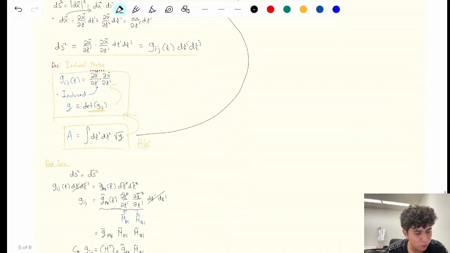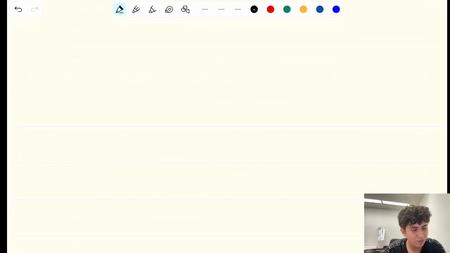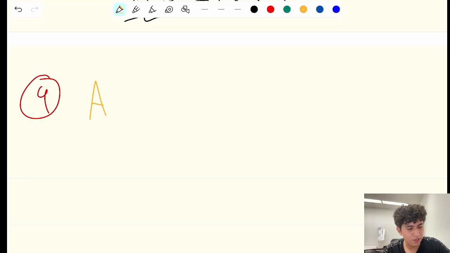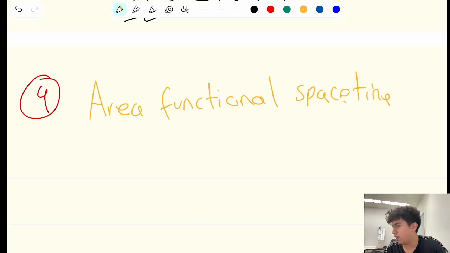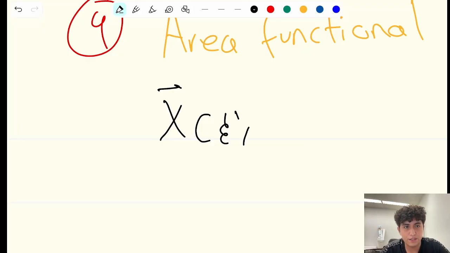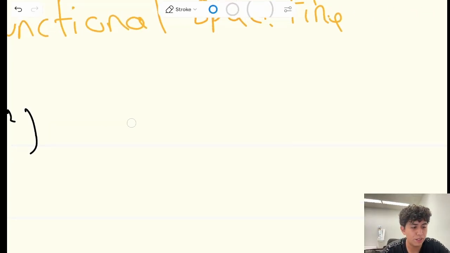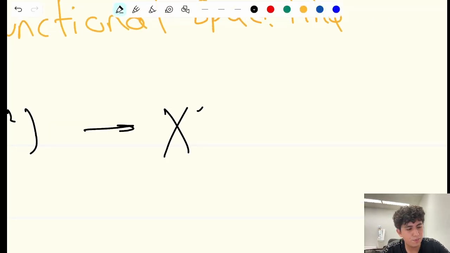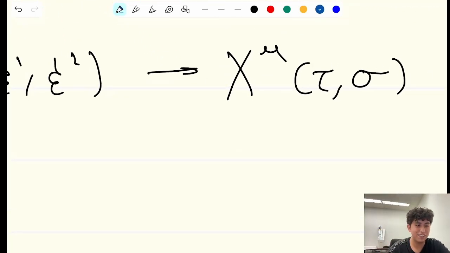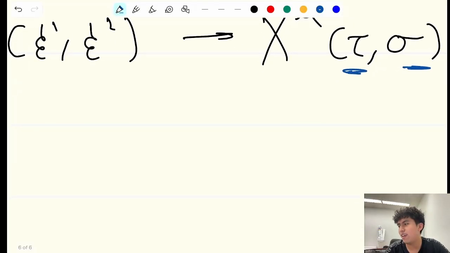Okay. So now let me do the area functional, but now let's go to space-time. In space-time, instead of having 3 vectors, as we were doing right now, we're going to have 4 vectors. In terms of 4 vectors, we're going to use 2 different parameters, which have very characteristic names: tau and sigma.